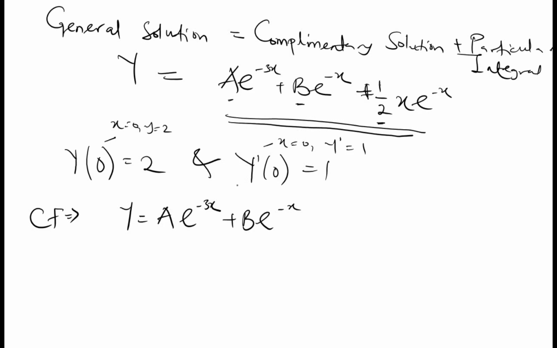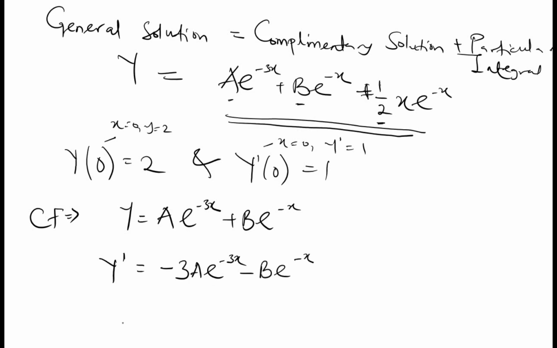But since I'm going to use two equations, that's that of the y prime and that's of y, let me find y prime here. That's dy by dx. Y prime, differentiating this, I'll get minus 3a exponential of minus 3x plus here differentiating this, it gives me minus b. So directly minus b exponential of minus x.